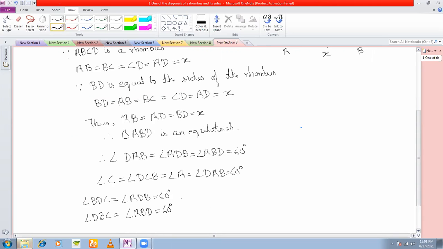So we have found the two angles. And what is the reason should I give here? Because the diagonals of a rhombus bisect its interior angles.